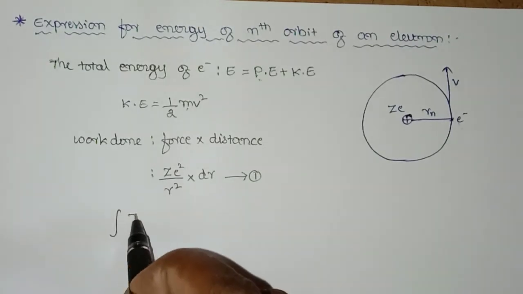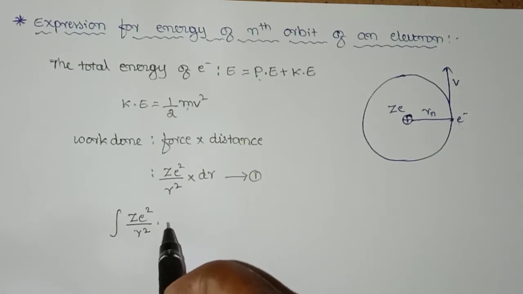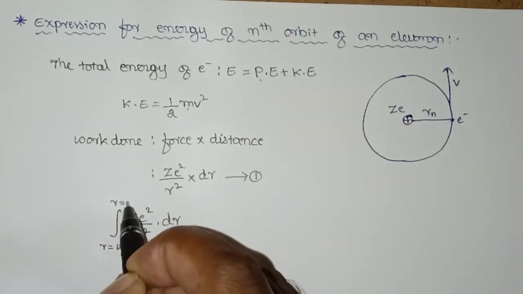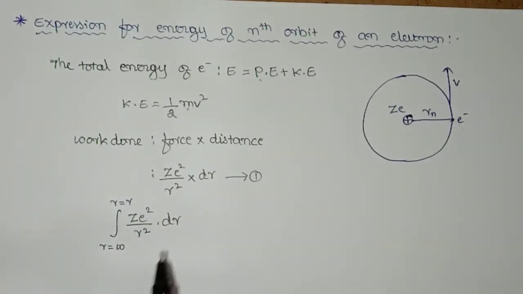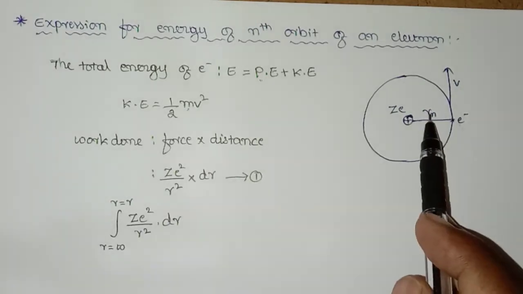So the integration of Ze square by r square into dr, between the limits r equals infinity to r equals r. By performing the integration, we will get the exact value of the potential energy of the electron which is present at a distance r.